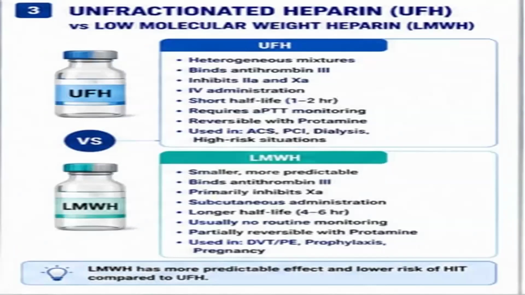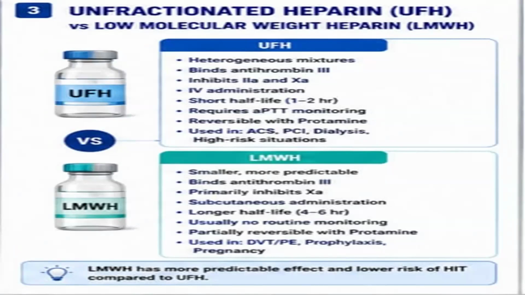There are two commonly used injectable anticoagulants: unfractionated heparin, which is given intravenously, with rapid onset and short duration. It requires APTT monitoring, and is preferred in severe renal impairment and when urgent surgery may be needed.